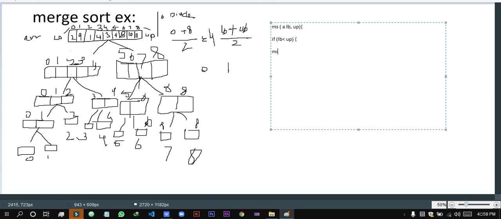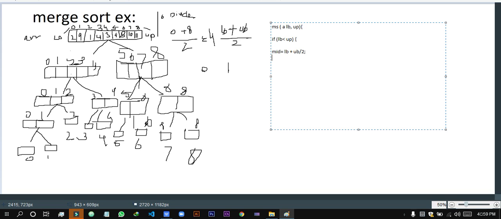How did we find that our lower bound is less than upper bound? We just find the mid first. Mid is equal to lower bound plus upper bound over 2. So this has been our midpoint.